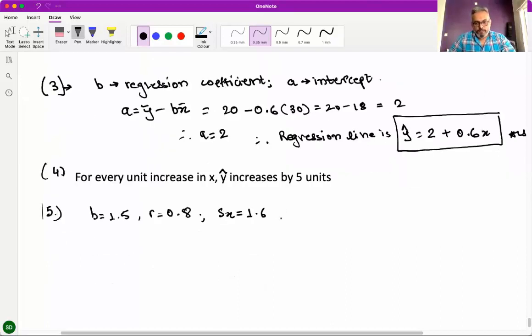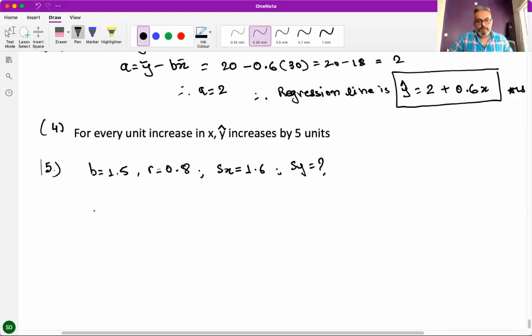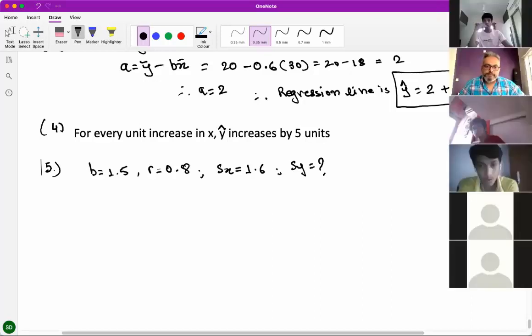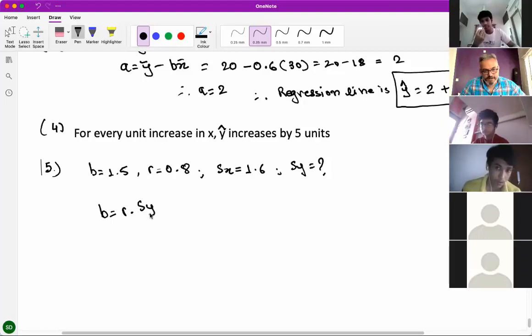Now over here, can you tell me the formula? b is equal to r into standard deviation of y upon standard deviation of x.